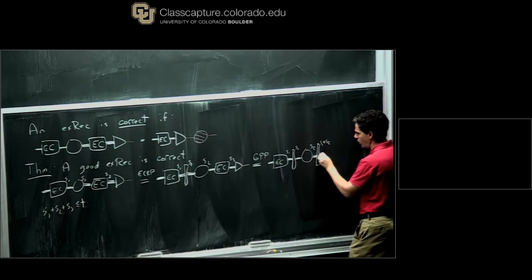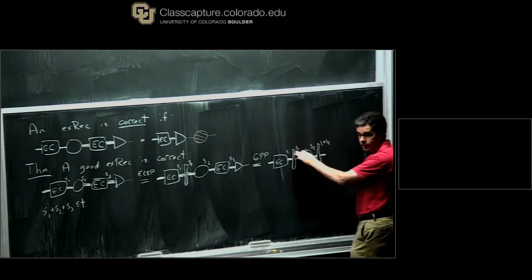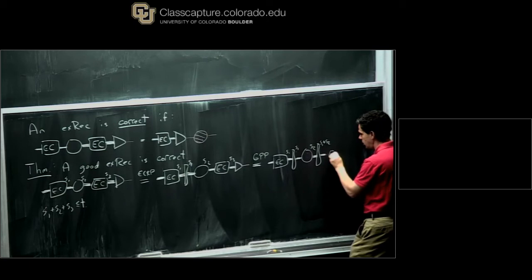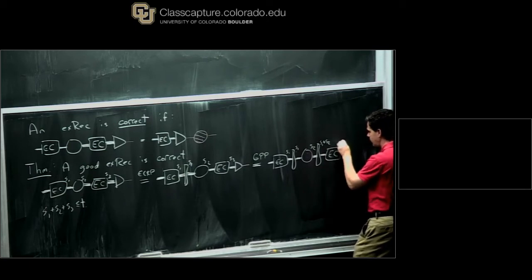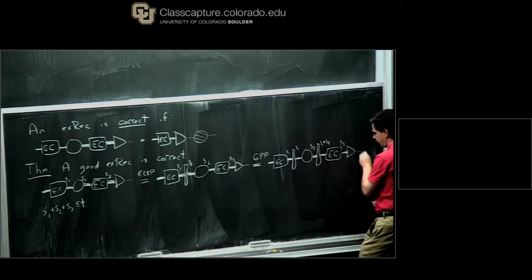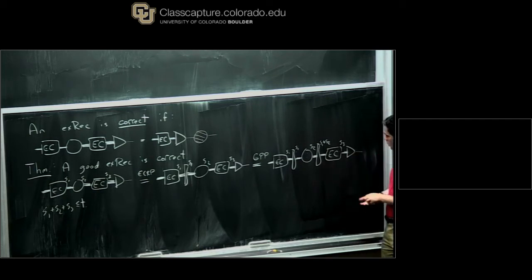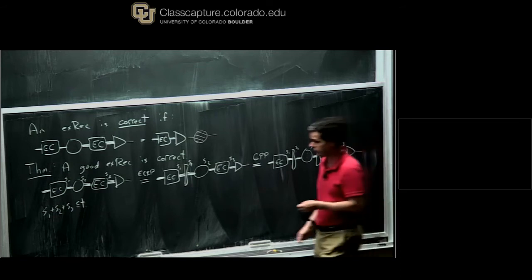And so this is an S1 plus S2 filter because we have the pre-existing errors plus the errors in the gadget. Now we have EC and then ideal decoder. Okay, so now we have filter, error correction, ideal decoder. So now we can apply the ECCP, the error correction correctness property, to push this ideal decoder through the error correction.